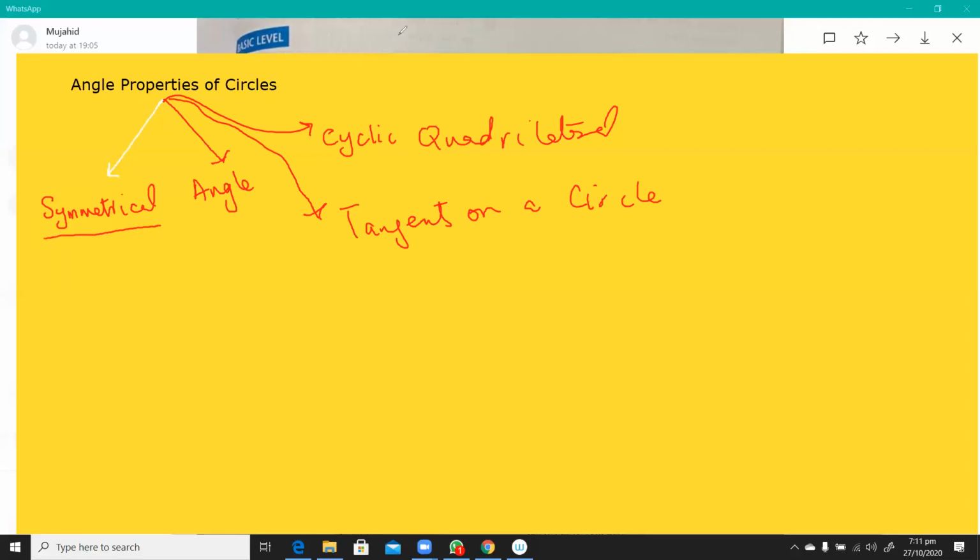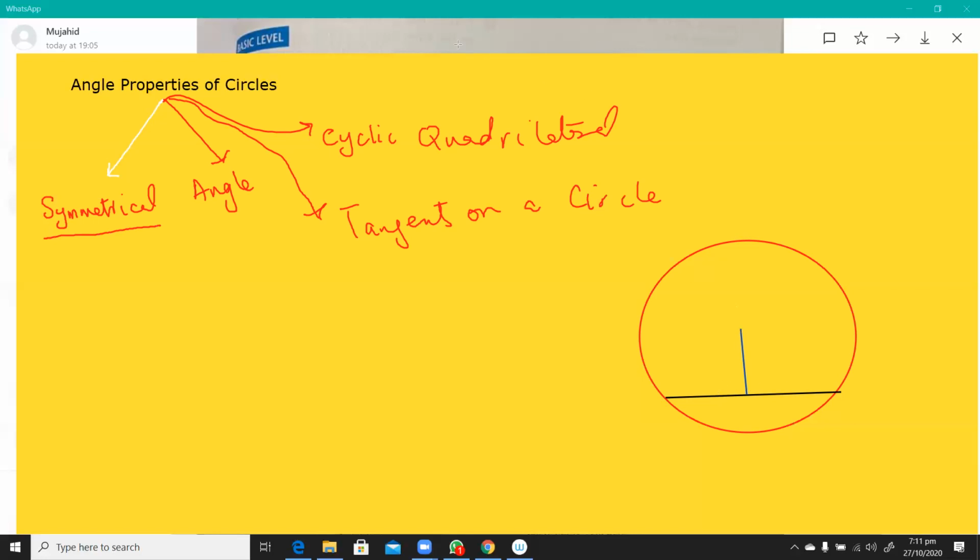For that purpose I will be drawing a circle here first of all. Now there are two symmetrical properties. One is that if you have a chord inside a circle, and then you draw a perpendicular onto it from the center of the circle, this chord is bisected.